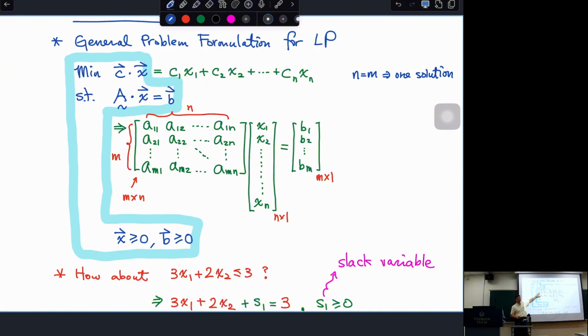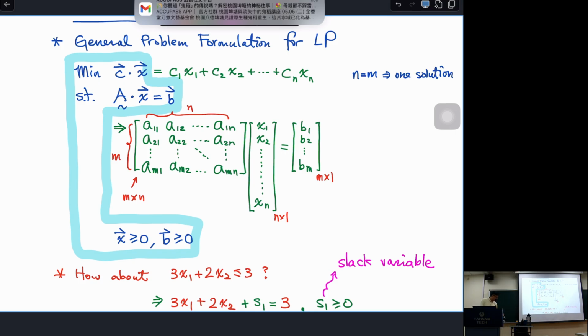Then it's a solvable linear system. If the problem only has one solution, you don't need to do optimization because there is only one solution. So for LP, we don't need to handle this kind of situation when n equals m.